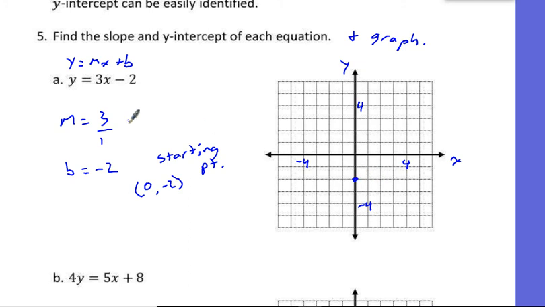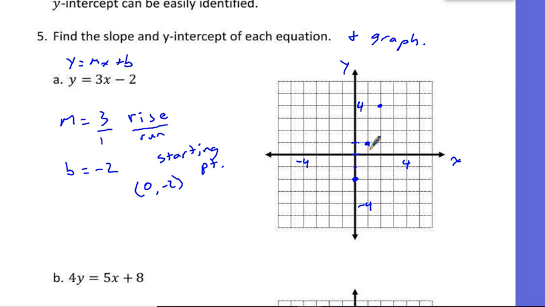And from there, we will count a slope, rise of positive 3, over run, a positive 1. So we count up 3. 1, 2, 3, and then we run to the right, positive 1. Again, we'll continue now from this point. Up 3, to the right 1. We could also go down 3, but that would be left 1.